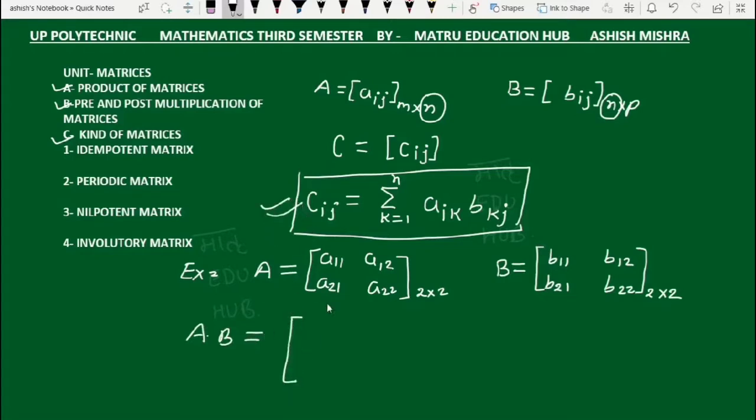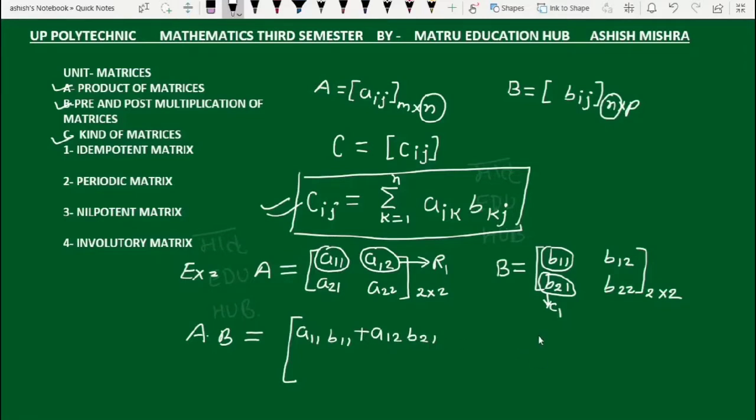according to the definition of product, for element C11 we take first row of first matrix and first column of second matrix, that is A11 into B11 plus A12 into B21. That is A11 B11 plus A12 B21.